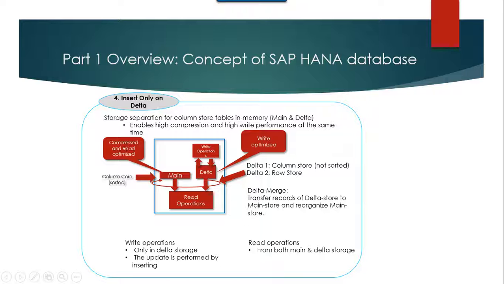And once new data comes, it's a write operation. The data comes in as a write operation and goes to delta. So the first delta is column store, but not stored. It means delta number one is column store, but the second is row store.